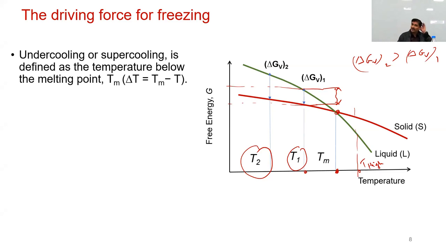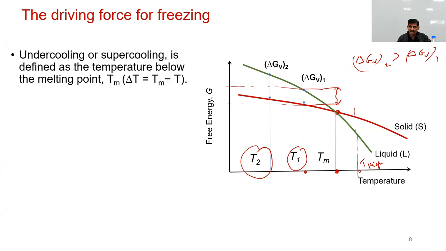When we go to a temperature below the melting point, there is a particular terminology which comes into the picture. When we cool a liquid below its melting point, that process is called undercooling or supercooling. The degree of undercooling or supercooling is defined as the temperature below the equilibrium melting point, Tm.